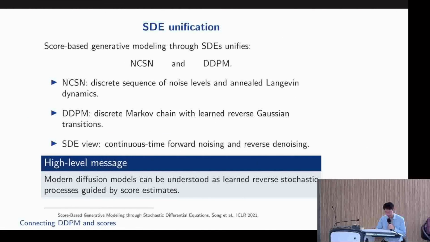So the unifying view is that NCSN is a discrete sequence of noise levels with annealed Langevin dynamics. And DDPM is a discrete Markov chain with learned reverse Gaussian transitions. In terms of the SDE view, they're all equivalent. It's continuous-time forward noising and reverse denoising.